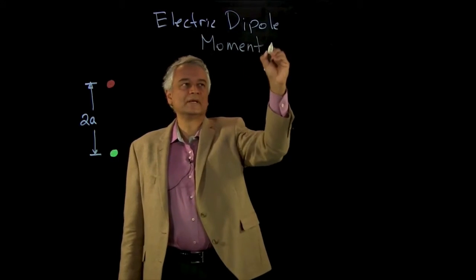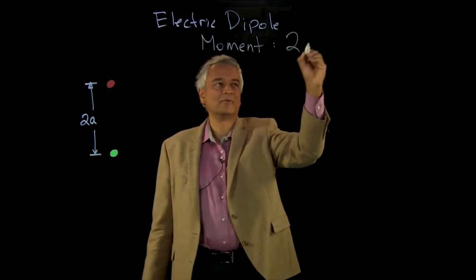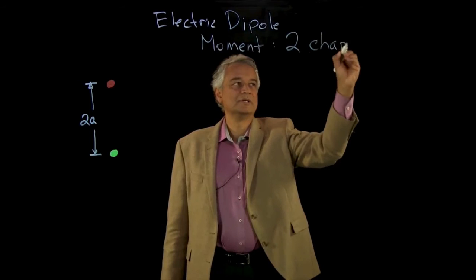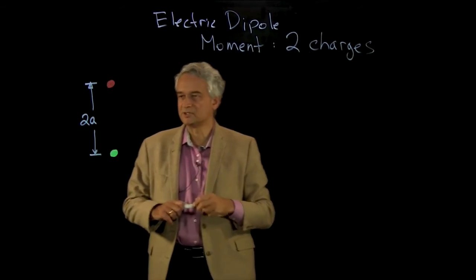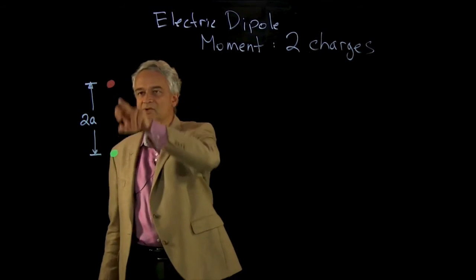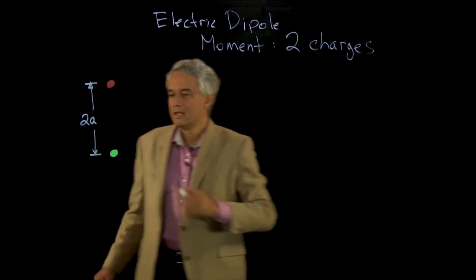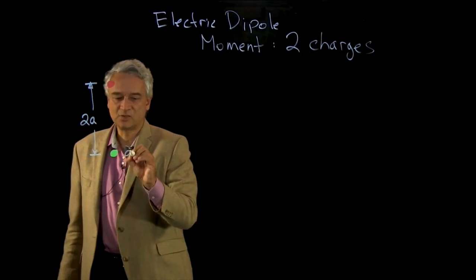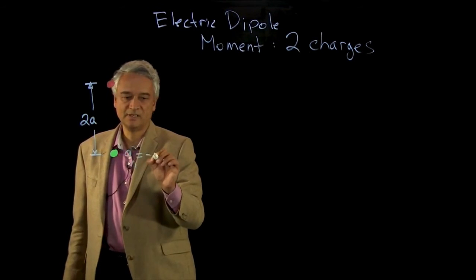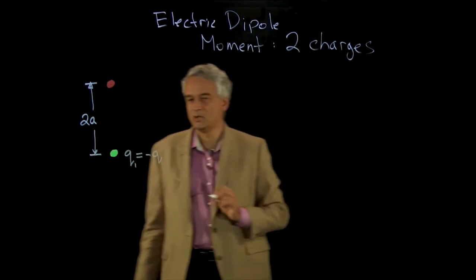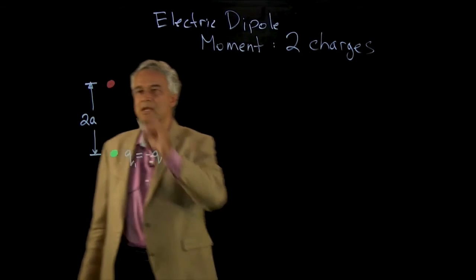And I will introduce it in the context of the simplest possible arrangement of charges where there is a dipole moment, which is two charges, a negative charge and a positive charge. I'm going to refer to this lower charge, this negative charge, as Q1, and Q1 is negative. So I will think of Q1 as minus Q, Q being some quantity of charge.